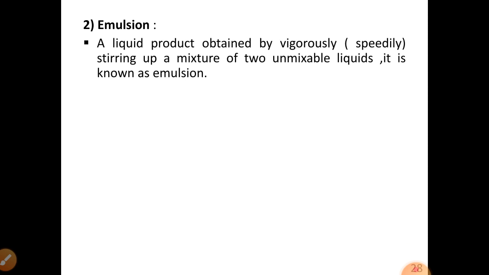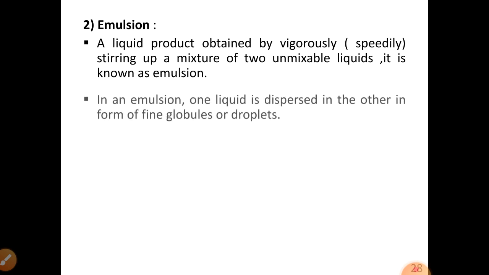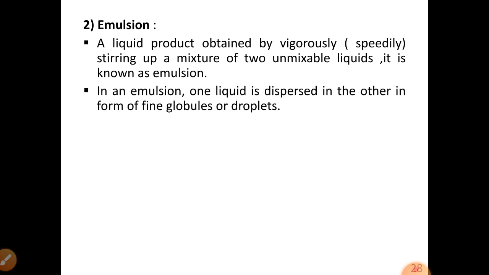Second form is emulsion. A liquid product obtained by vigorously stirring up a mixture of two unmixable liquids is known as emulsion. In an emulsion, one liquid is dispersed in the other in the form of fine globules or droplets.